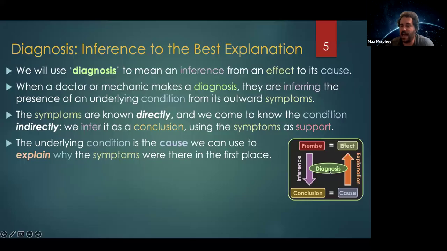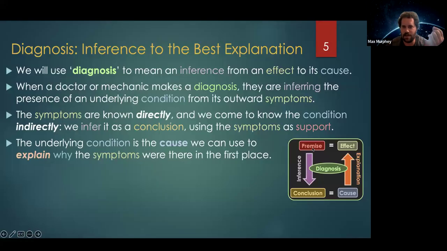In a case of a diagnostic inference or a diagnostic argument or just diagnosis, the premise is an effect and the conclusion is the cause of that effect. That might feel backwards, but if it feels backwards, that's probably because you're assuming that inference and explanation need to go in the same direction. Sometimes they do, but in the cases we're focusing on right now, they always go in opposite directions, right?